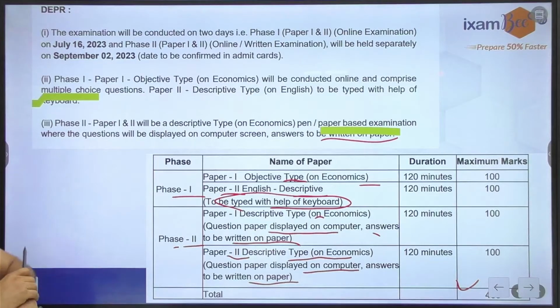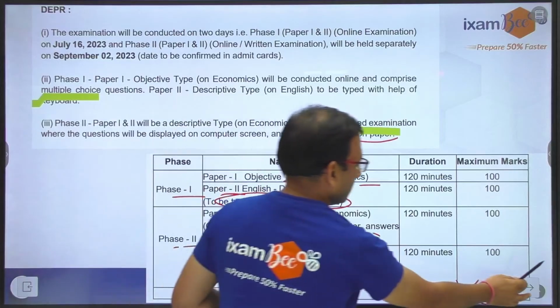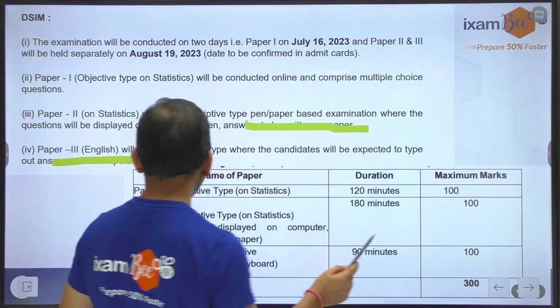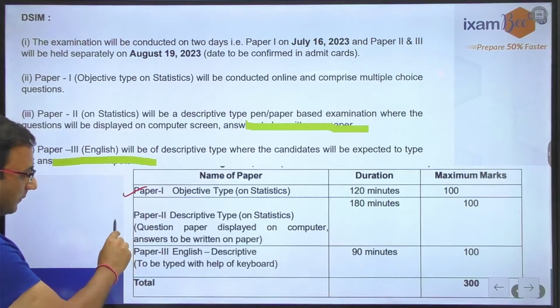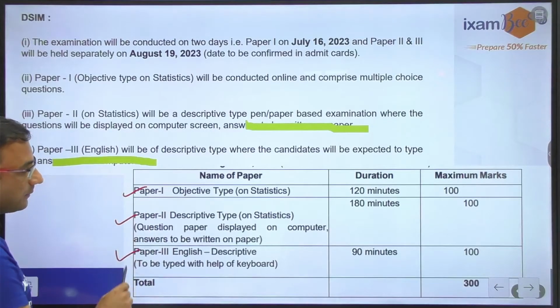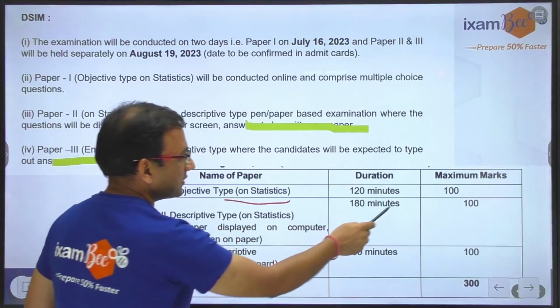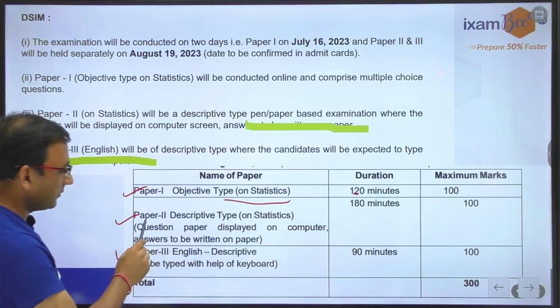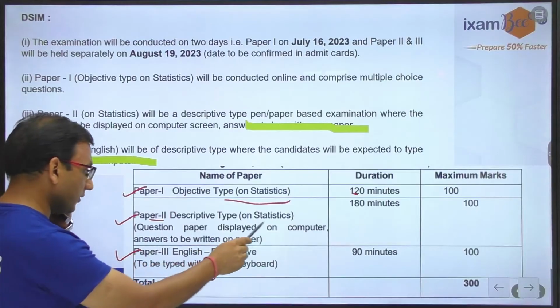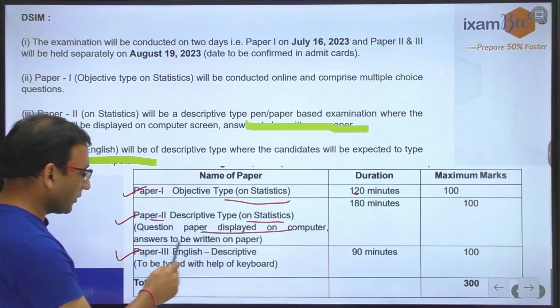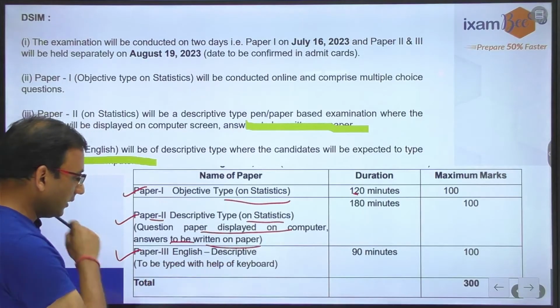This is for DEPR. And when we come to the DSIM part, you see paper 1, paper 2, paper 3. So paper 1 is objective on statistics, 100 marks; paper 2 is descriptive on statistics, again the paper will be displayed on the computer and the answer to be written on paper.